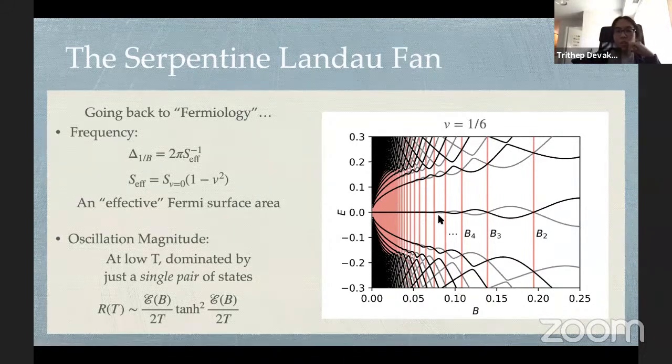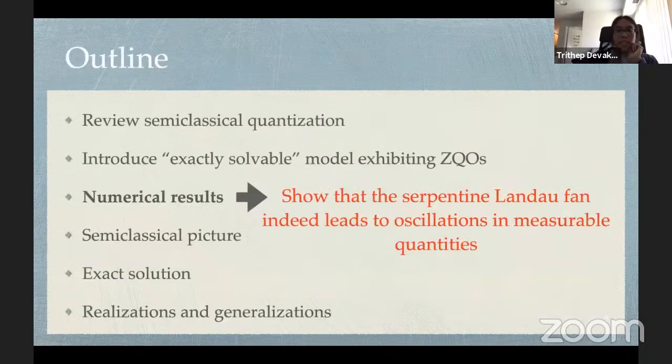And this is quite different from usual quantum oscillations, where you have states coming from a whole bunch of states that are crossing the Fermi energy at various points. Here you only have two. And so it leads to a temperature dependence that is quite different from Lifshitz-Kosevich within this temperature range. Okay, so that's the fan.